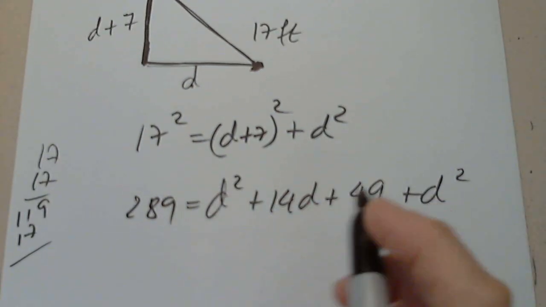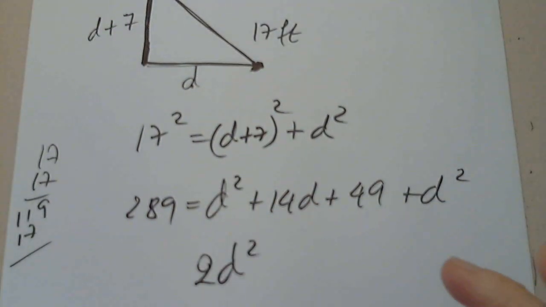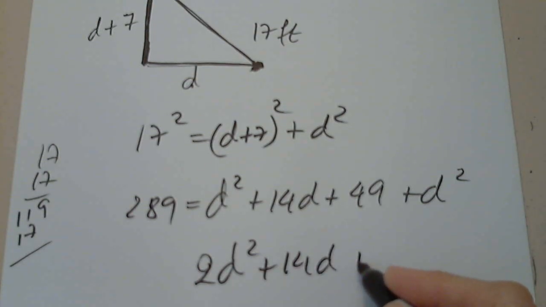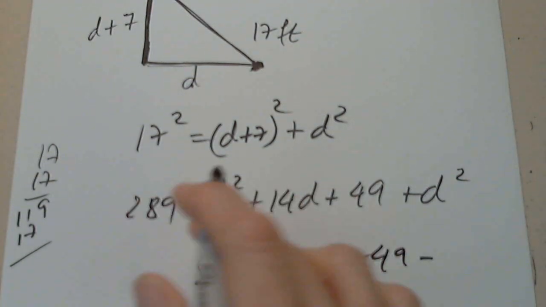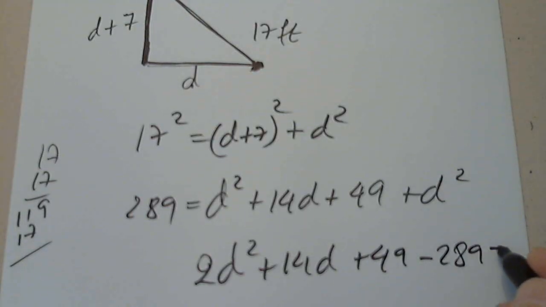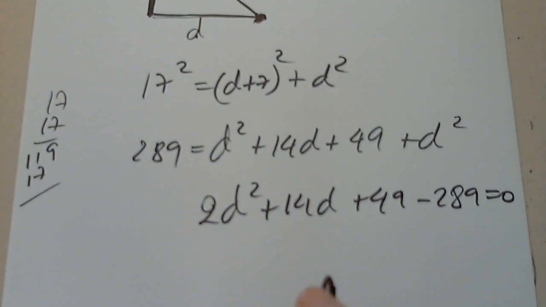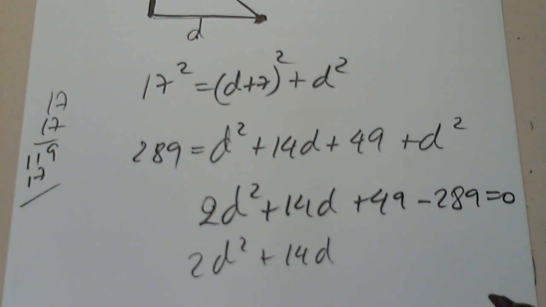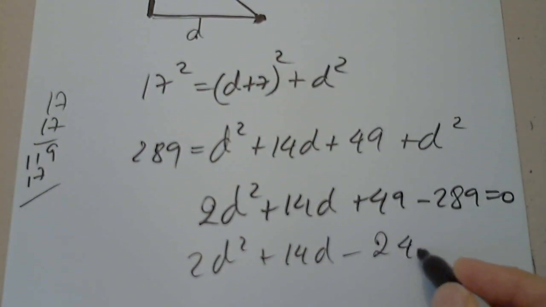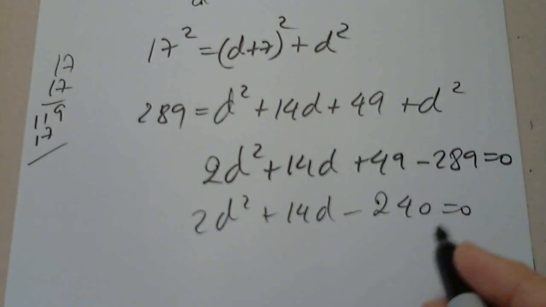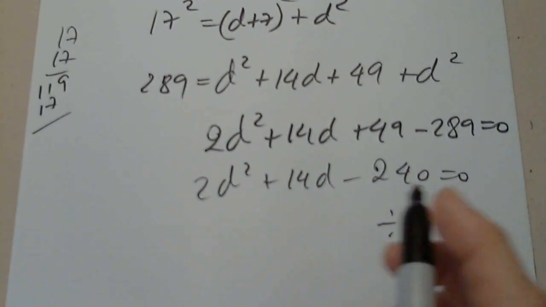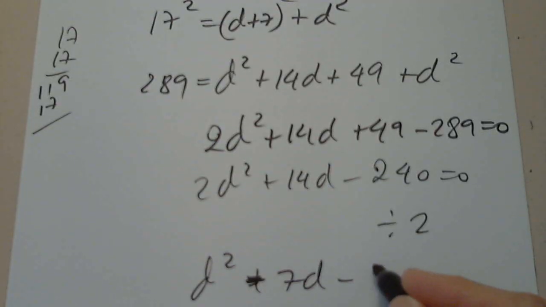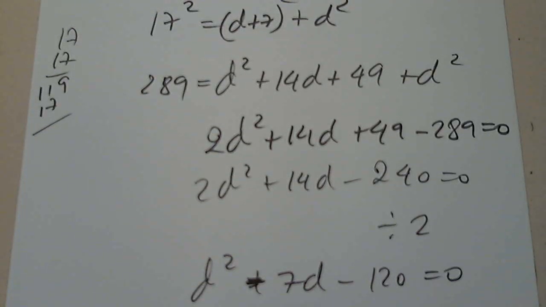So d squared plus d squared, 2d squared, plus 14d, plus 49, minus 289 equals 0. So 2d squared plus 14d minus 240 equals 0. Of course, I'm going to simplify and divide by 2. So d squared plus 7d minus 120 equals 0.